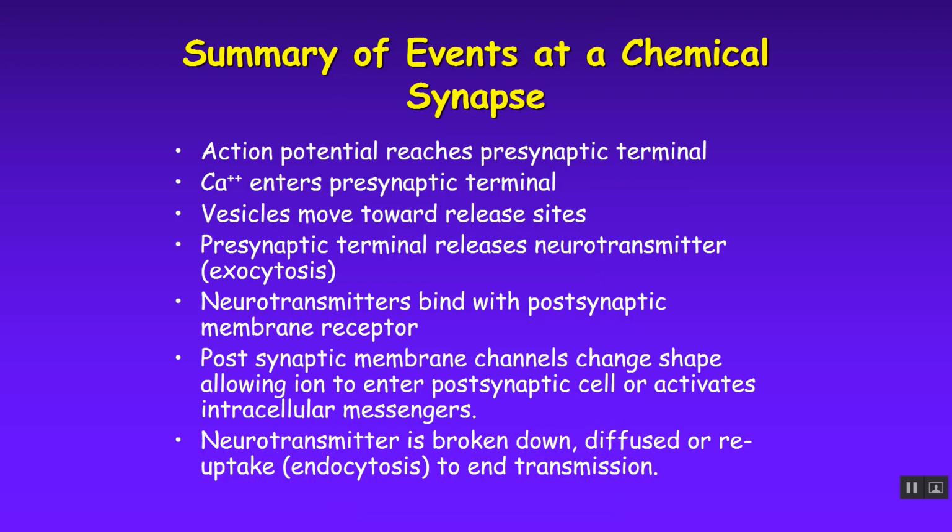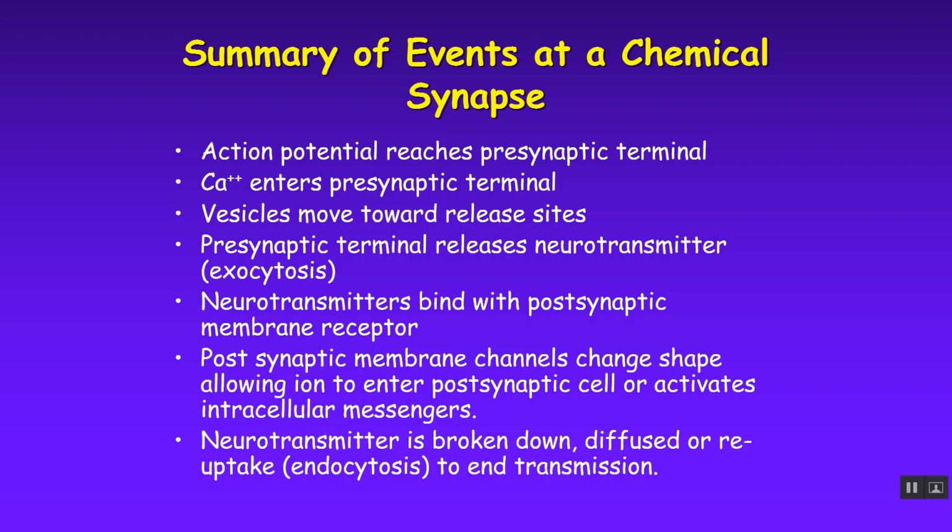Going down the events of synaptic transmission. First, an action potential is generated in a neuron somewhere upstream. That action potential causes depolarization and causes voltage-gated sodium channels to open, carrying the depolarization down to the end of the axon terminal.